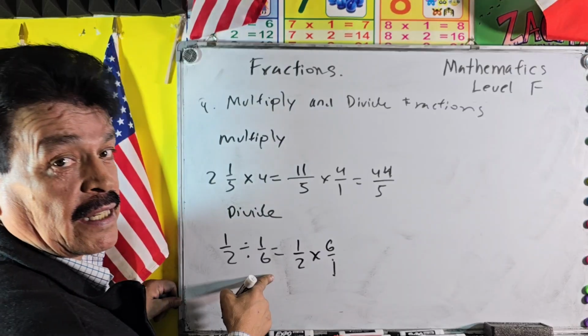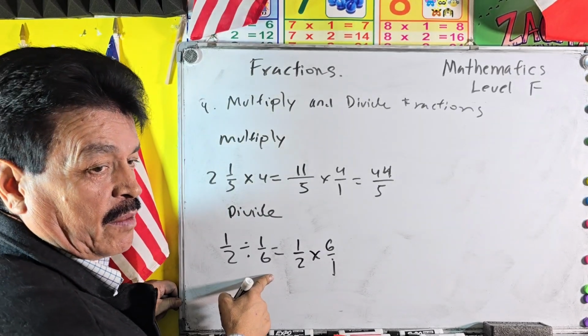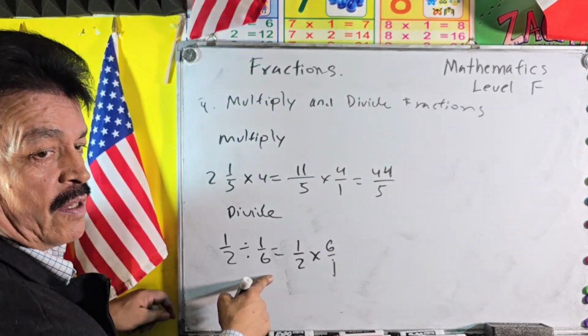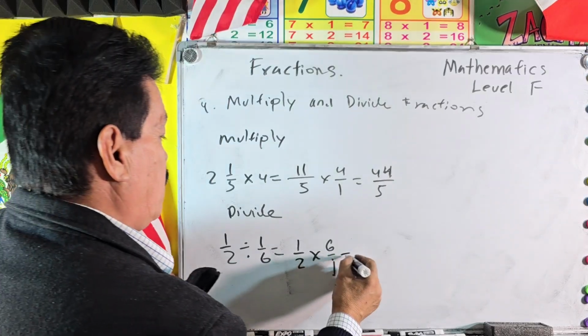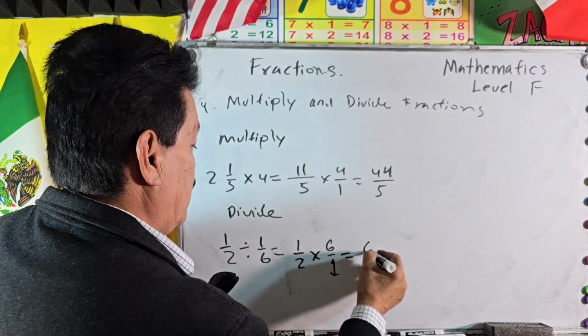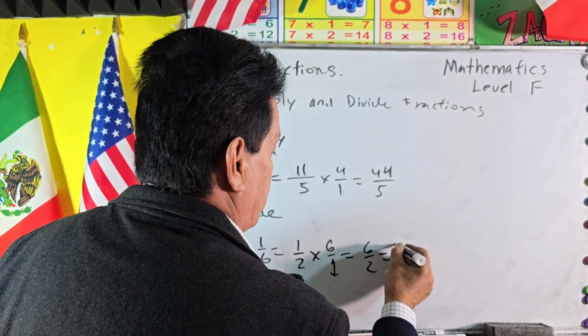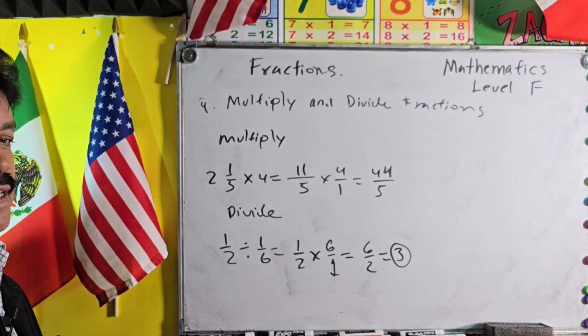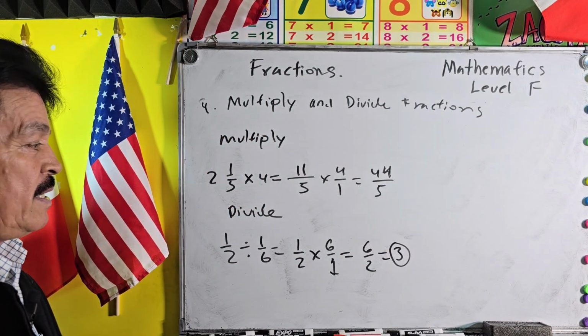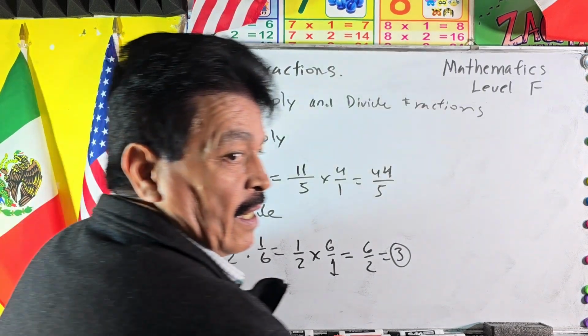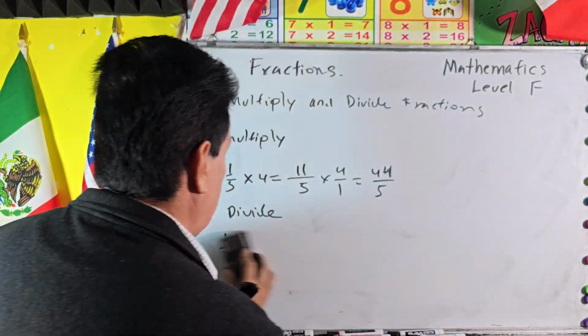So we multiply by the reciprocal right here. This equals 6/2, and 6/2 equals 3. That's the answer to that problem. All right, let's do some exercises.